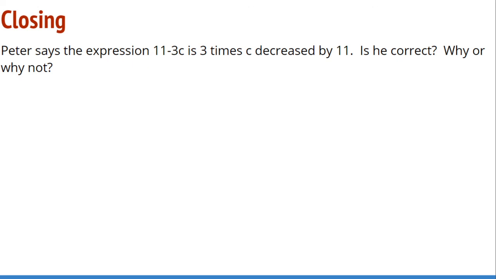All right, Peter says 11 minus 3c is 3 times c decreased by 11. Is he correct? So he's saying 3 times c decreased by 11. Is that what this means? I hope you're looking at that and saying, no. He said do the multiplication and then make the multiplication smaller by 11.